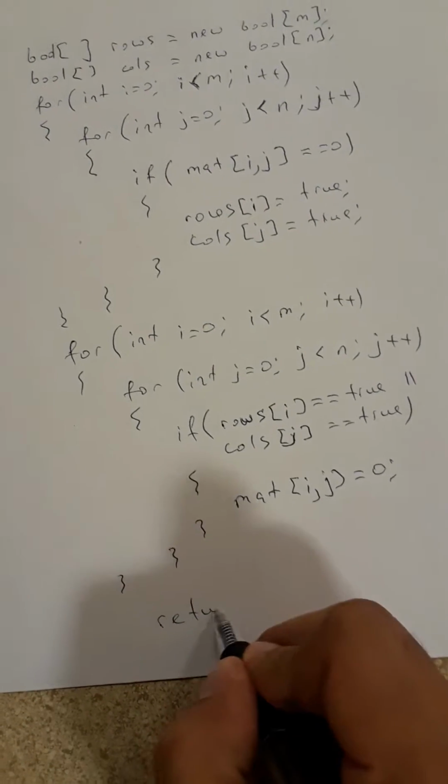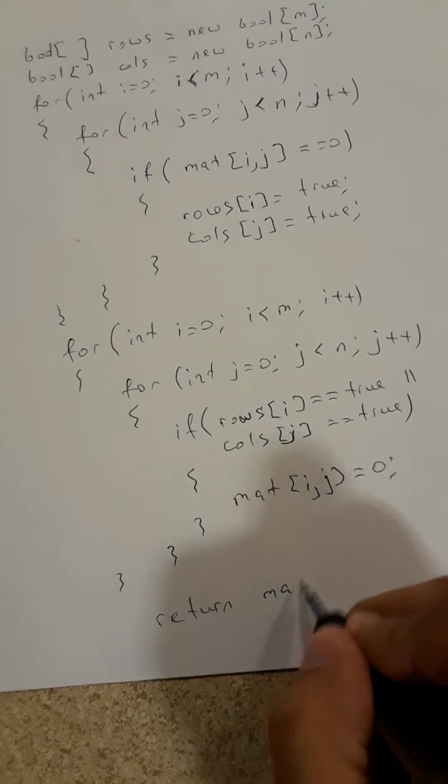And at the end, I will just return the modified two-dimensional array.